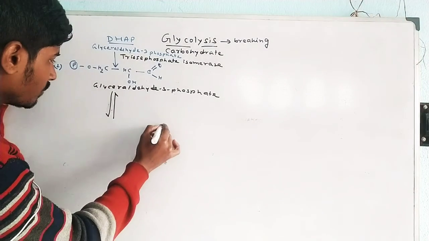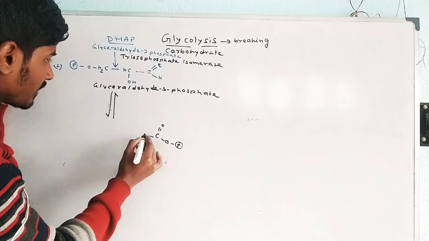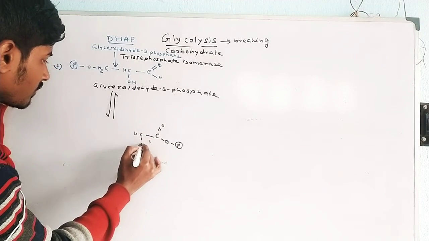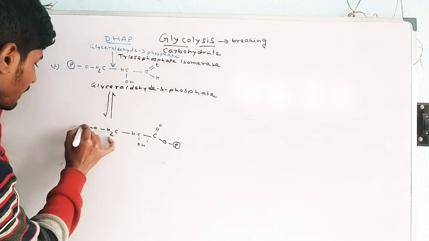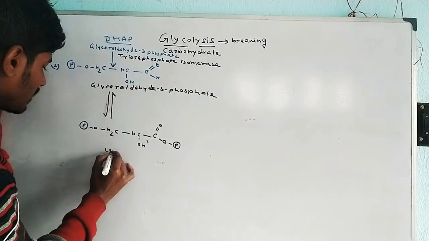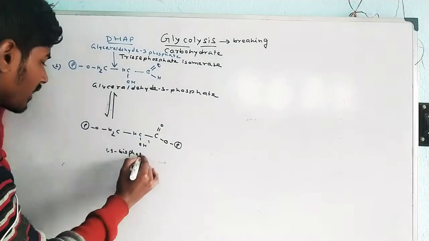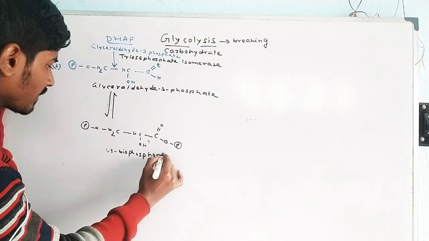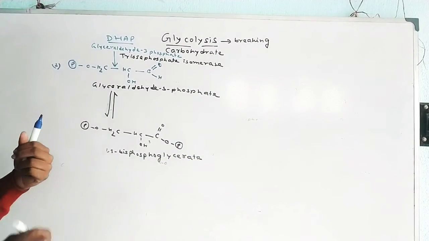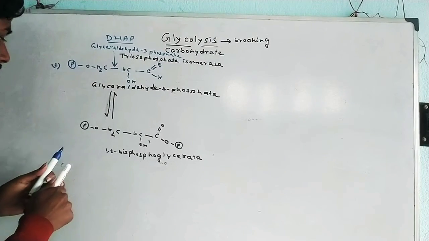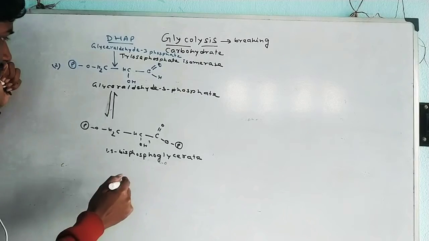Here you have OH, again you have CH2OP. This is 1,3-bisphosphoglycerate, so two phosphate groups are there.